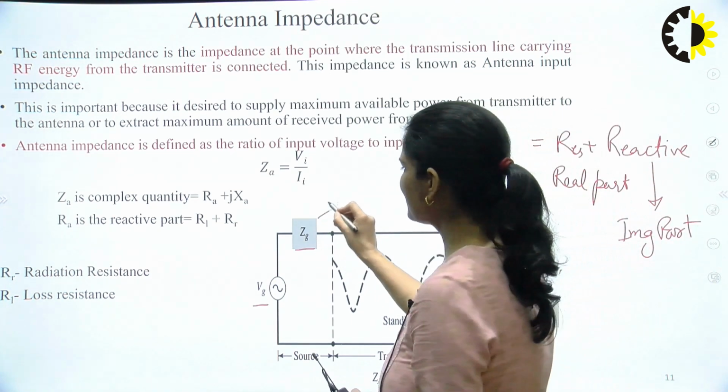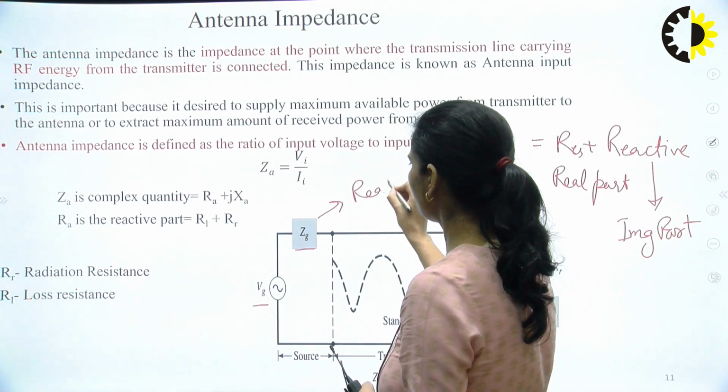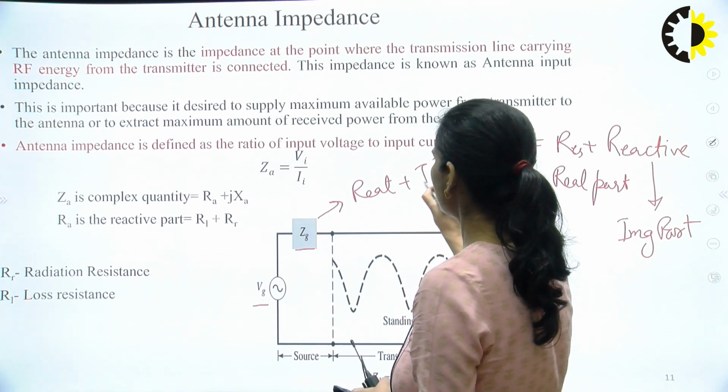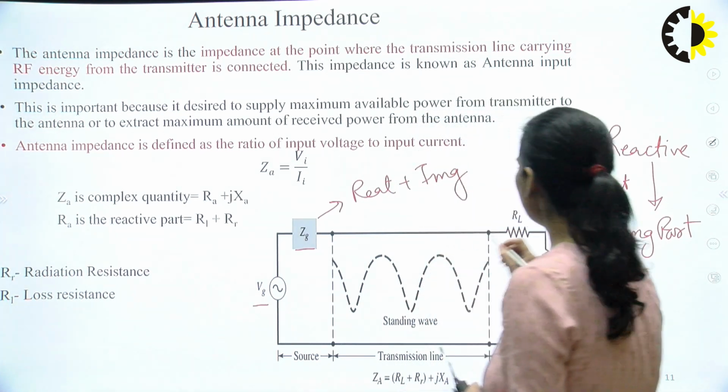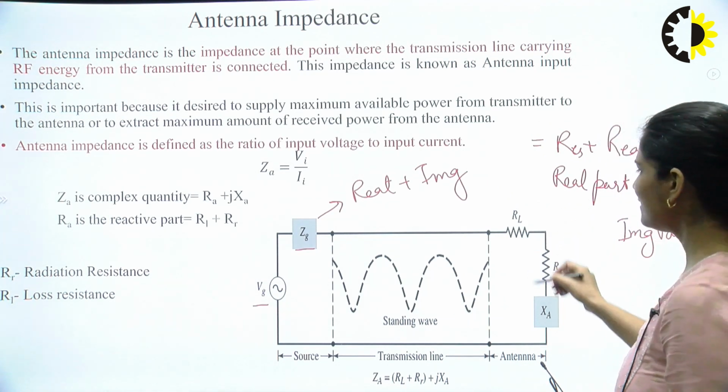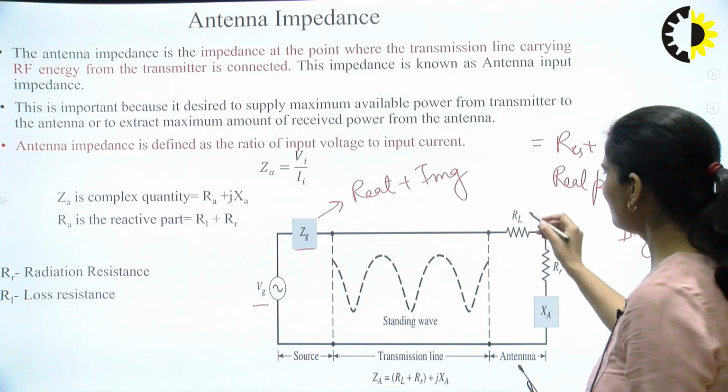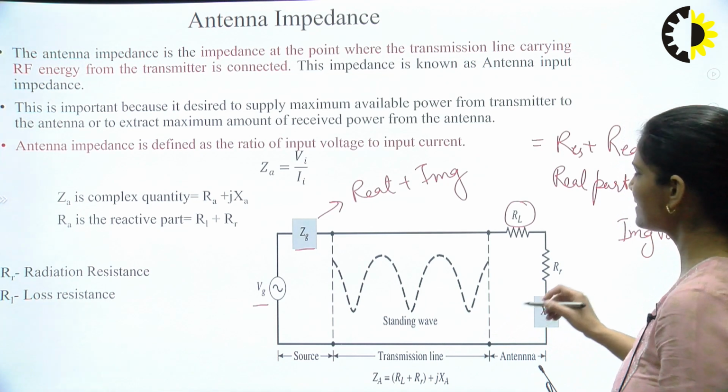So ZG is the combination of real plus imaginary parts.